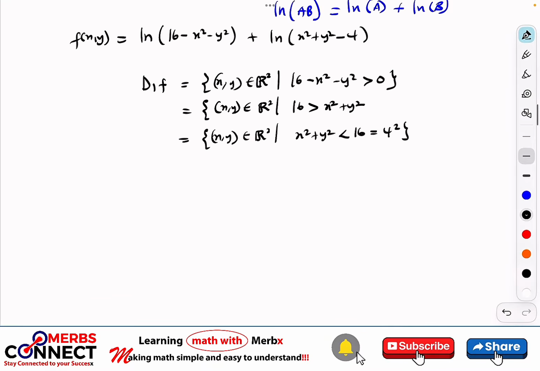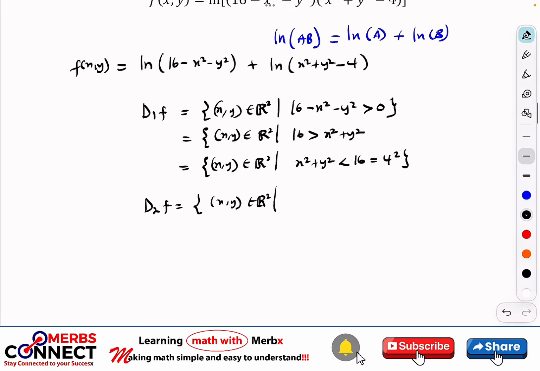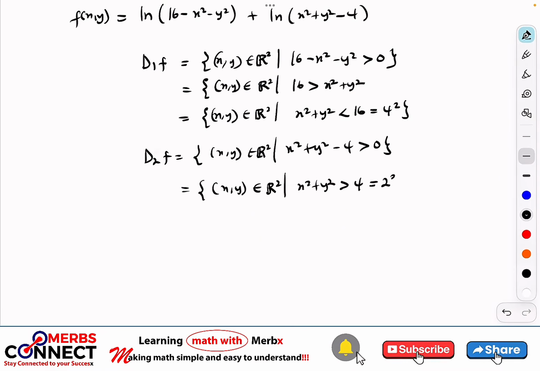Now let's do domain 2. Domain 2 is going to be x, y belongs to R2, given that, here we are going to focus on x squared plus y squared minus 4, also strictly greater than 0. So this simplifies to x, y belongs to R2, given that x squared plus y squared is strictly greater than 4, and 4 is the same as 2 squared.